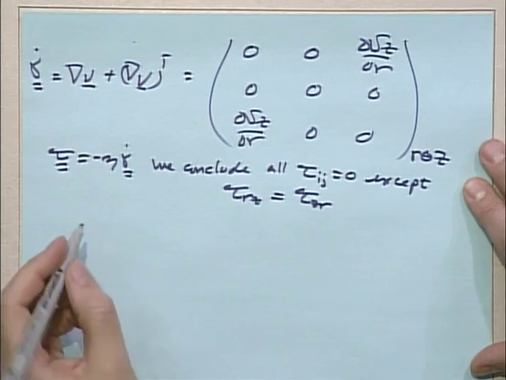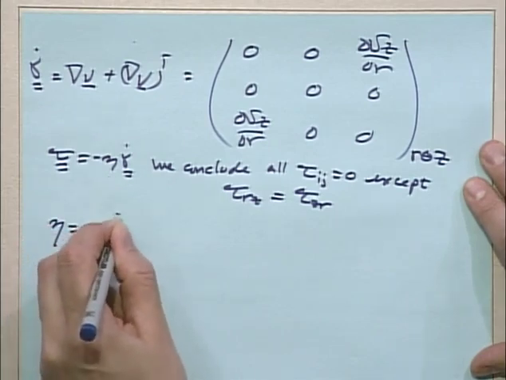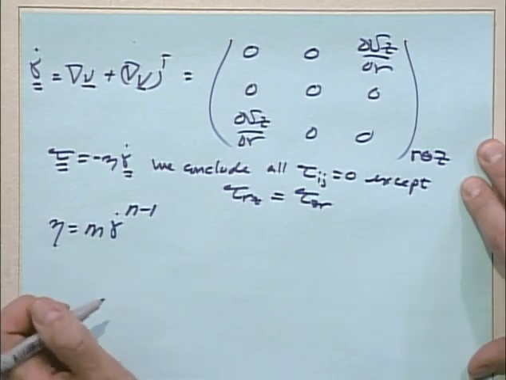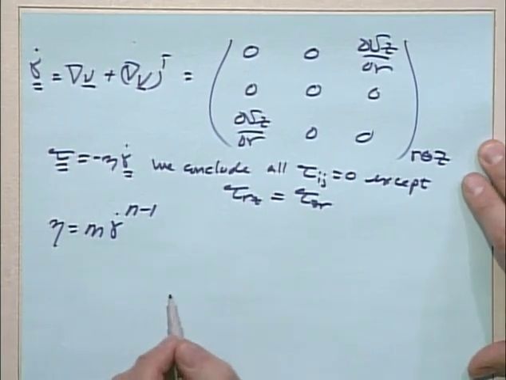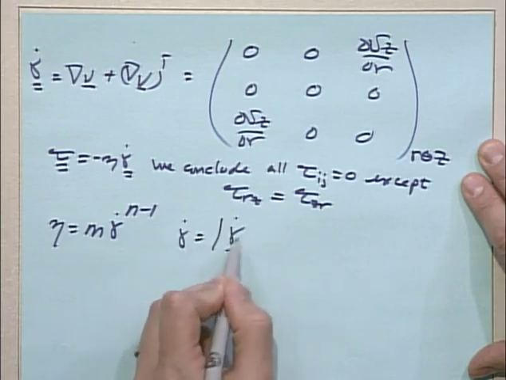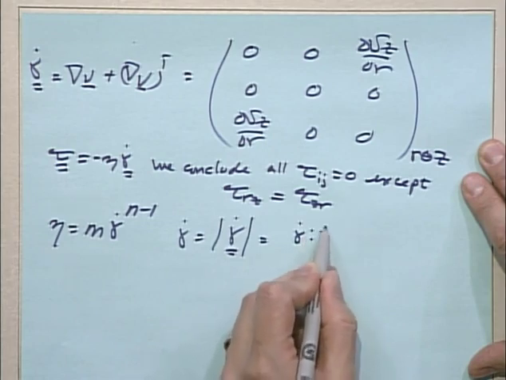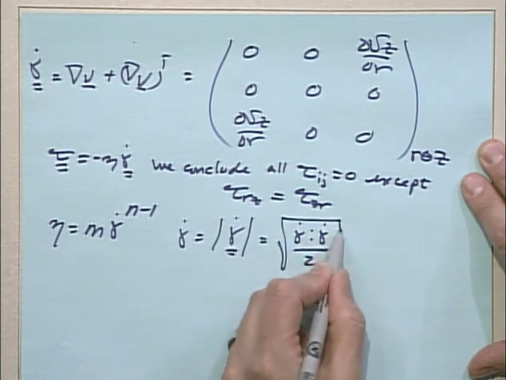So now we have to continue to get what eta is. Eta is, for the power law fluid, m gamma dot to the n minus 1. And here we have to remember what gamma dot is. Gamma dot is the magnitude of the tensor gamma dot, which is gamma dot over 2 quantity square root.